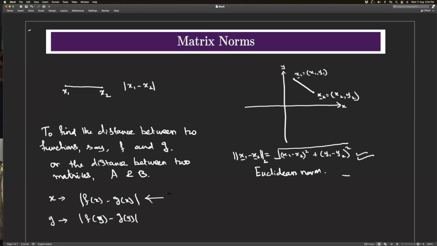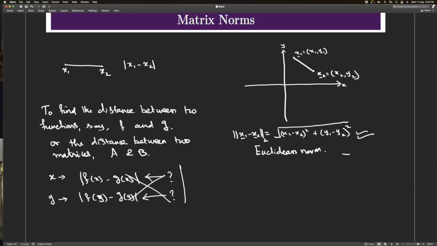Whether I should take this as the definition of the distance between these 2 functions, or should I take this number as the distance? So there is an ambiguity, but intuitively, once you fix the objects, the distance between these 2 objects should be a fixed number, right? You cannot say that the distance between 2 objects is given by 2 different numbers. Therefore, this idea will not work, and we need to look for a meaningful tool to measure distance between 2 objects which are not necessarily in Rn.